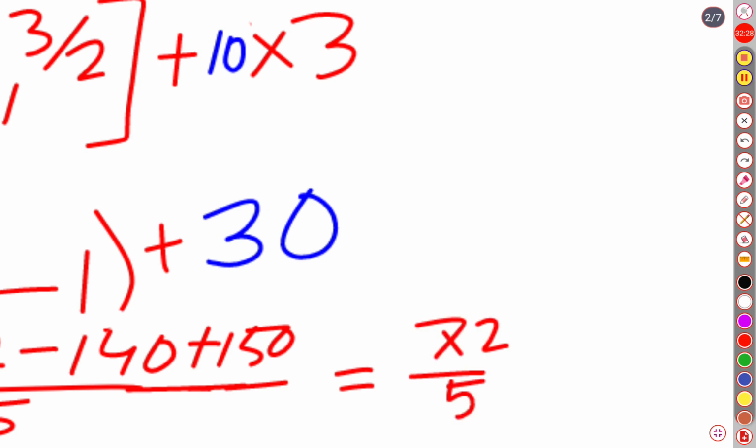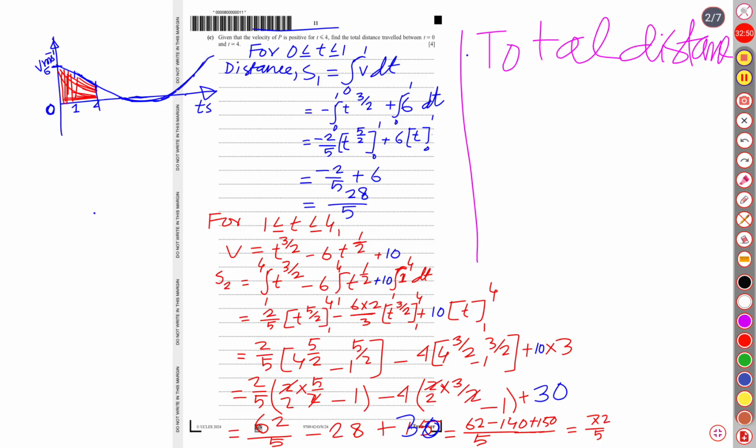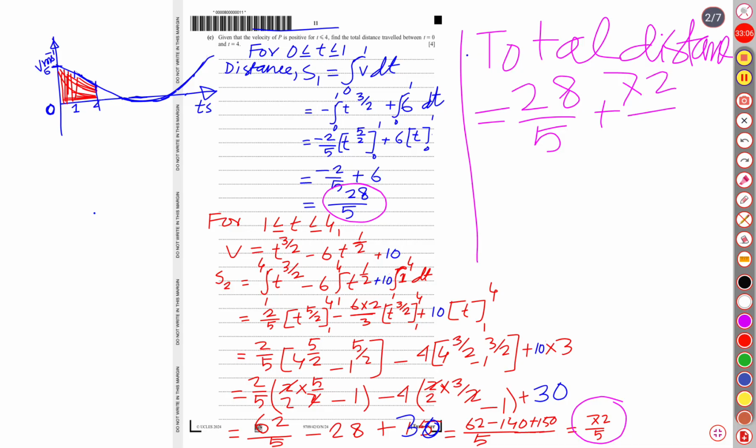Now the total distance, we have got the distance of each of the phases. Then we can write the total distance. Let us write here total distance equal to, okay, in the first phase the distance traveled by the particle was 28 over 5, plus the second distance was 72 over 5 meters.